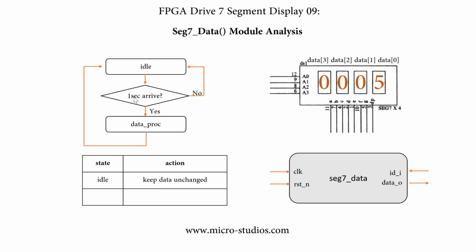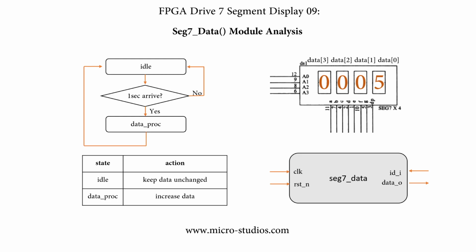And we keep checking whether the 1 second has arrived or not in the idle state. The next one is data processing. The data processing, as we described before, will increase each bit data on the segment display.